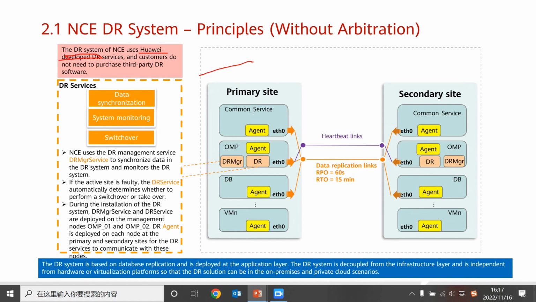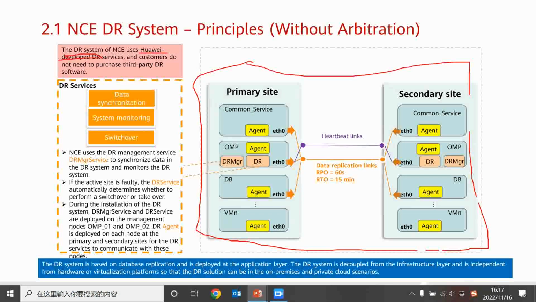And now let's focus on the right-hand side to look deeper. The primary and secondary sites use the heartbeat links to check whether the peer site is normal in real time. The heartbeat links are established between the management nodes at the primary and secondary sites.